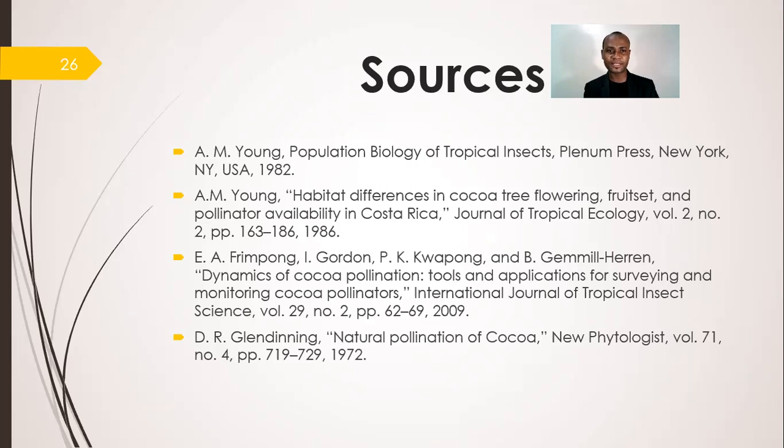Somebody is asking, my cacao is already around 3 years old, but does not produce flower. If your cacao is around 3 years old and it's still not producing flower, number one, it could be because of the variety, because some varieties take like 3.5 years before they produce flower.